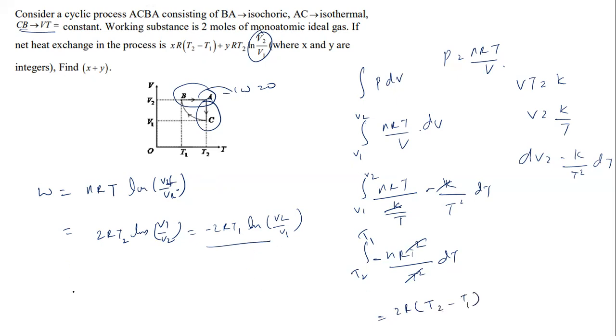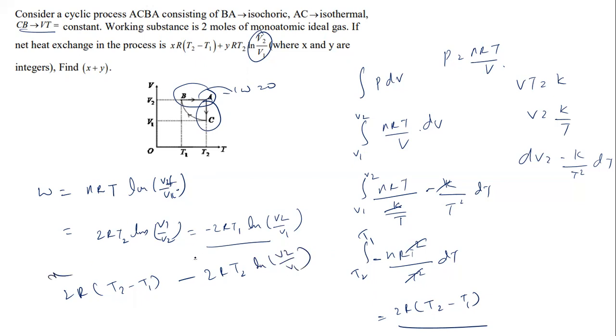So these two substitute here. First one, this 2R T2 minus T1 minus 2R T2 ln V2 by V1.